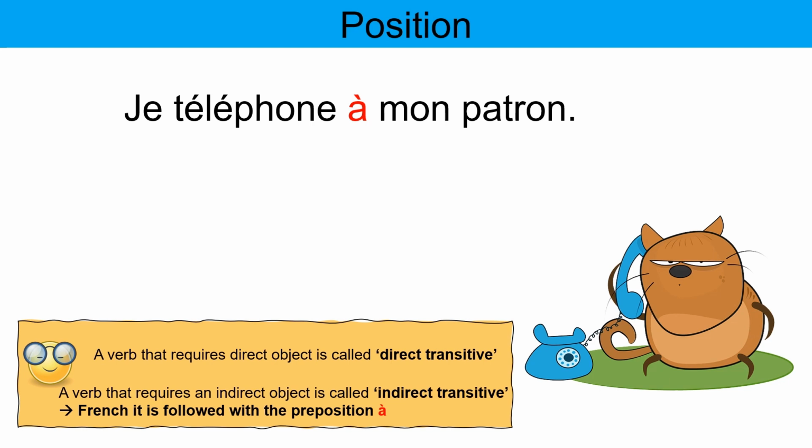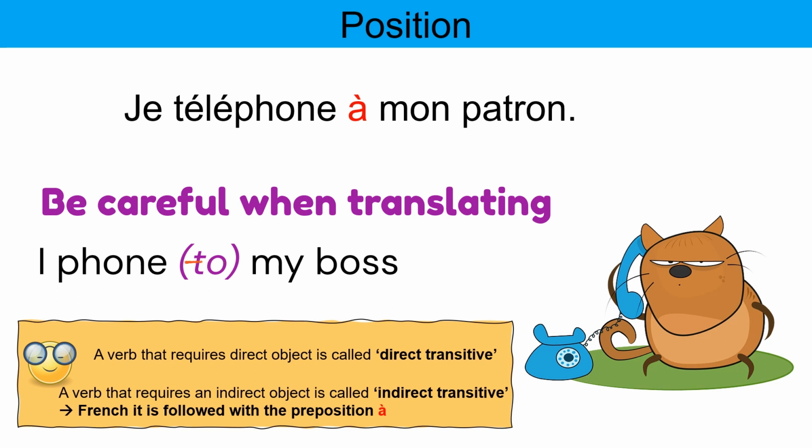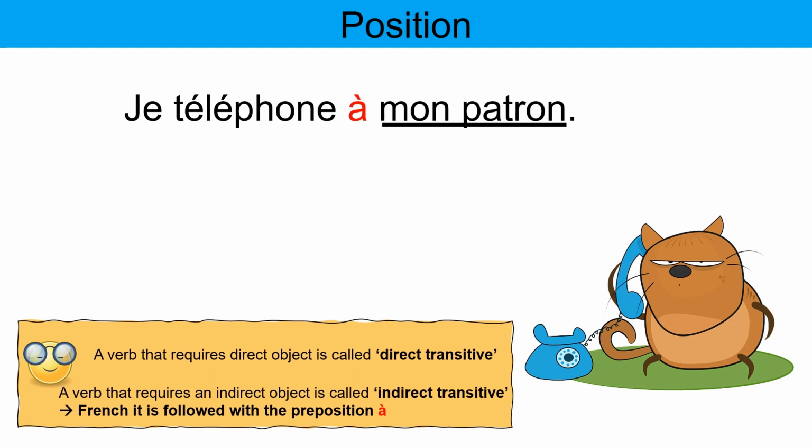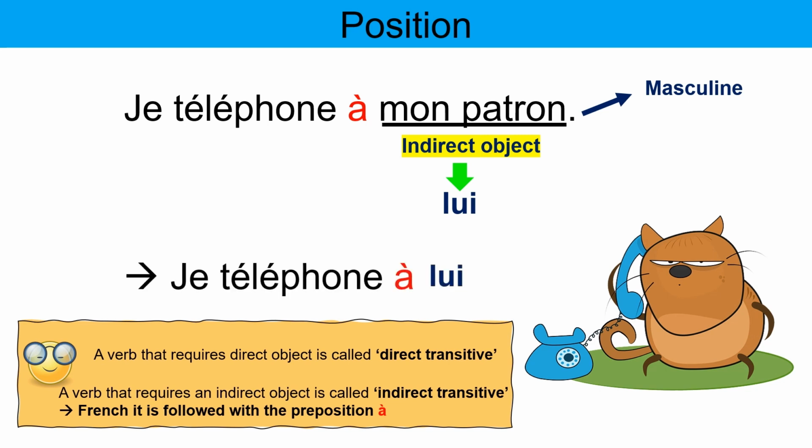In English, you would say, I call my boss, I telephone my boss. No preposition in English, so be careful with the translations. The indirect object is mon patron. Mon patron is a masculine word, therefore the pronoun is going to be lui. So we end up with je téléphone à lui.